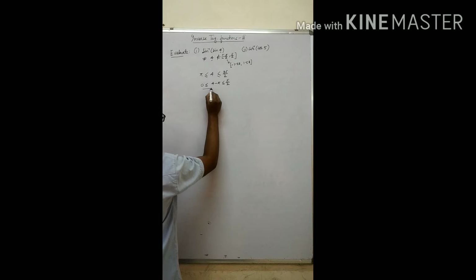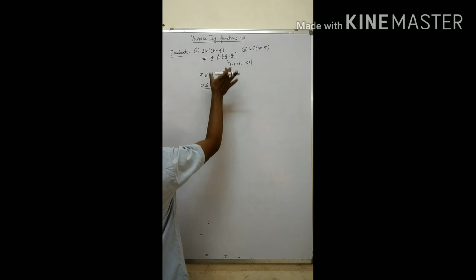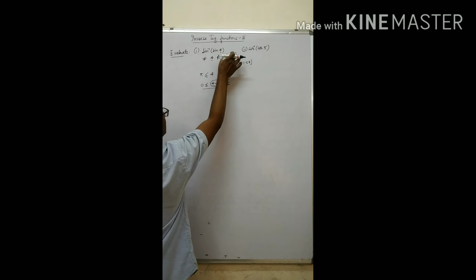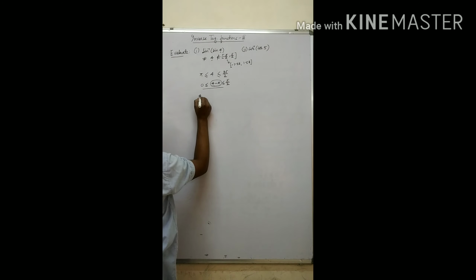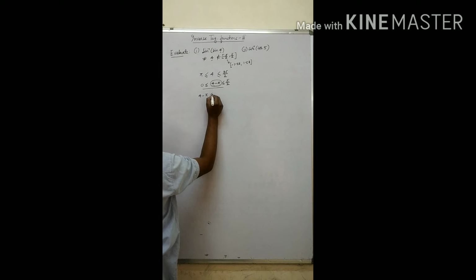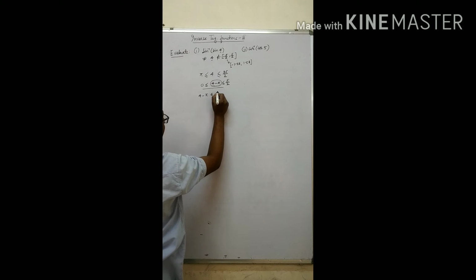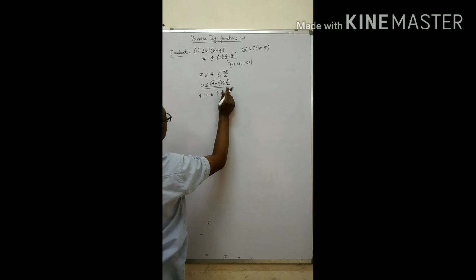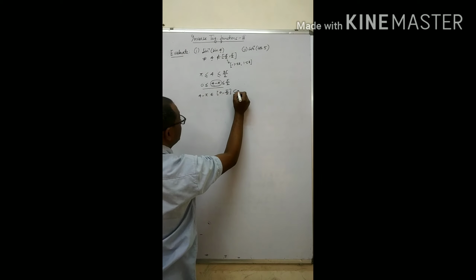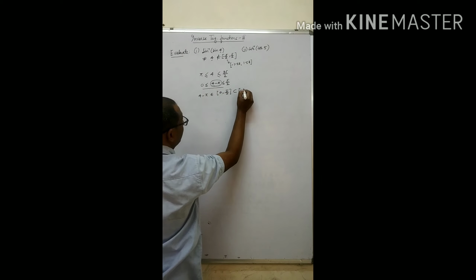Now this one, 4 minus pi, seems to be in the principal value range. 4 minus pi belongs to 0 to pi by 2, which is a subset of minus pi by 2 to pi by 2.